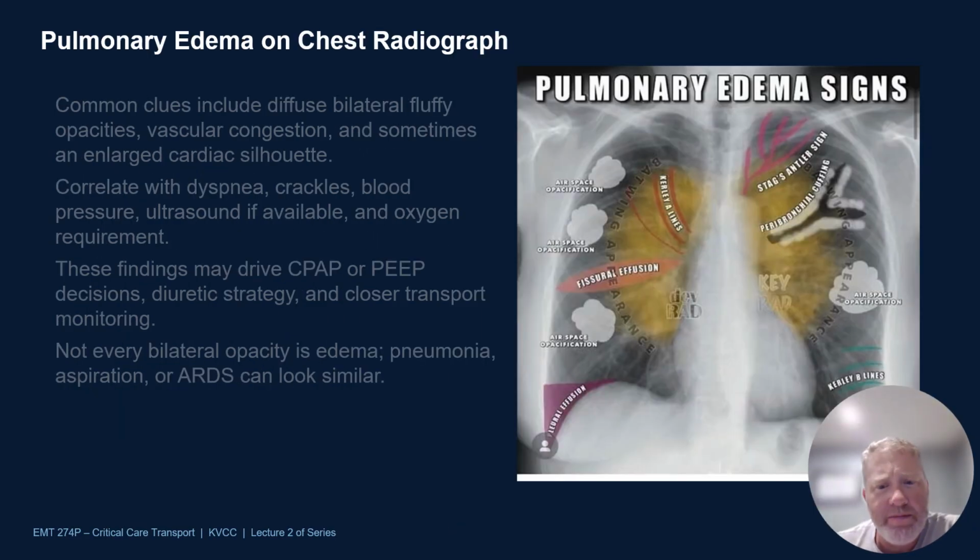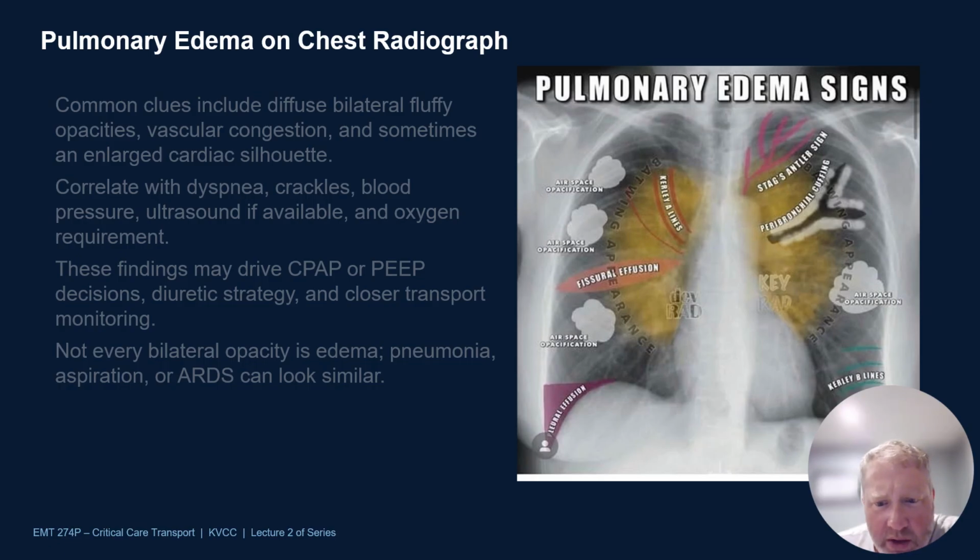In patients who have pulmonary edema, that's a little trickier to diagnose on chest X-ray. Common clues include diffuse bilateral kind of fluffy opacities, vascular congestion, or really visible but really interconnected vascular systems. Take a look down here, where you can see an example of that.